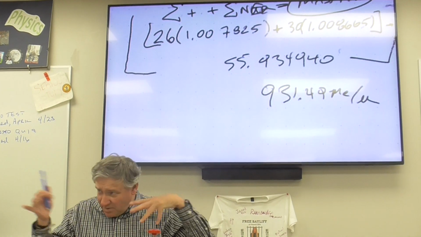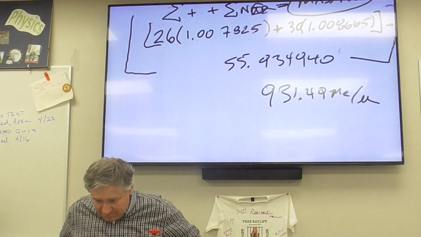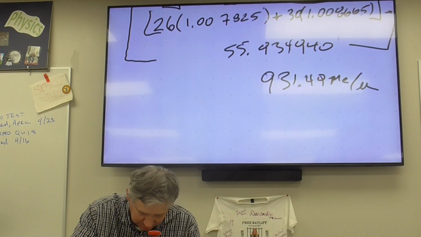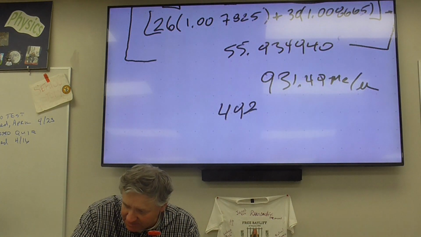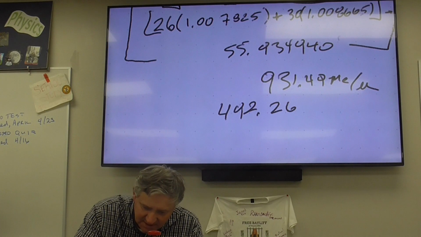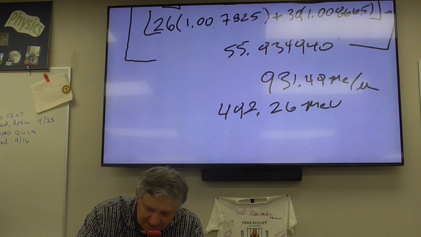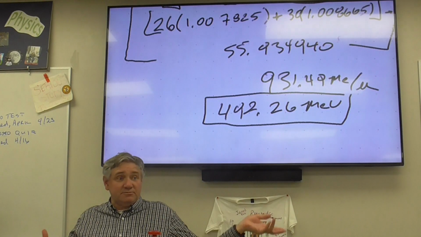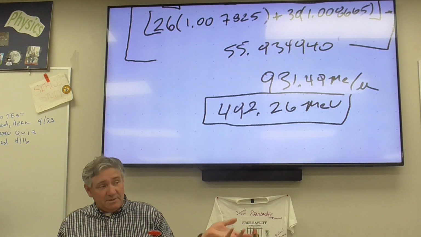Okay? So that's where the weird units come into play. If you do all this, you get 492.26 MeV. Now, if you wanted to convert that into joules, you could, but that's in MeV.